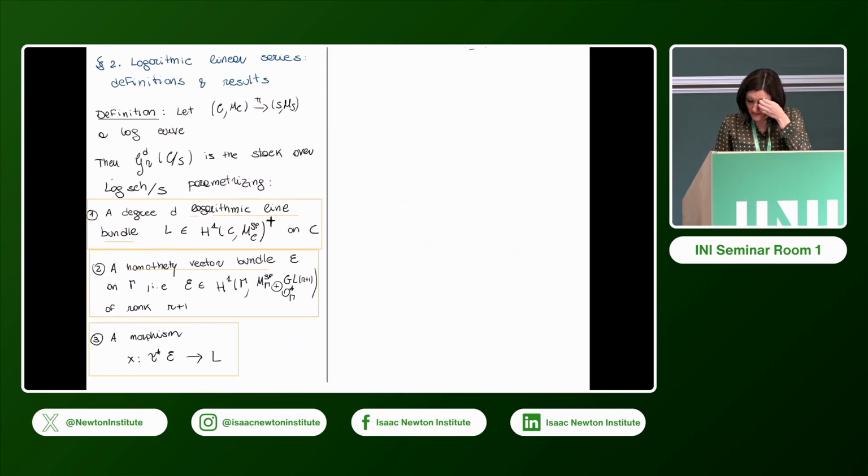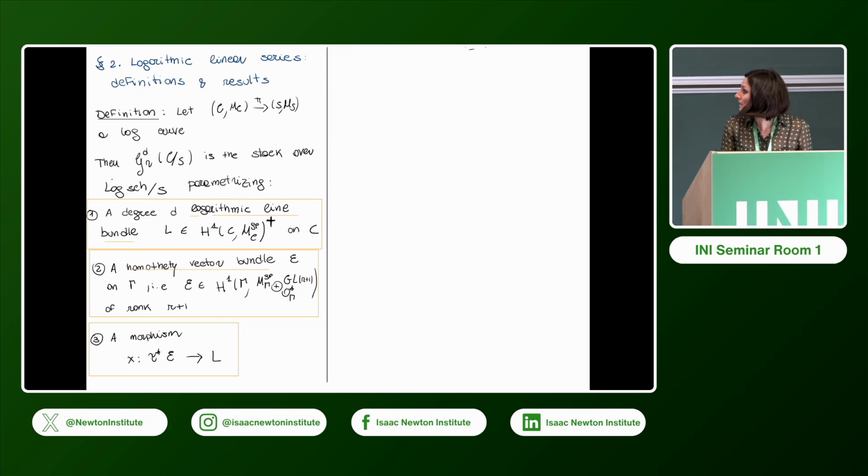So the definition is the following. If we have a family of log curves, so locally we can think of what we just did before, then the space of G^r_d is a stack over log schemes rather than over schemes, parameterizing the following data.